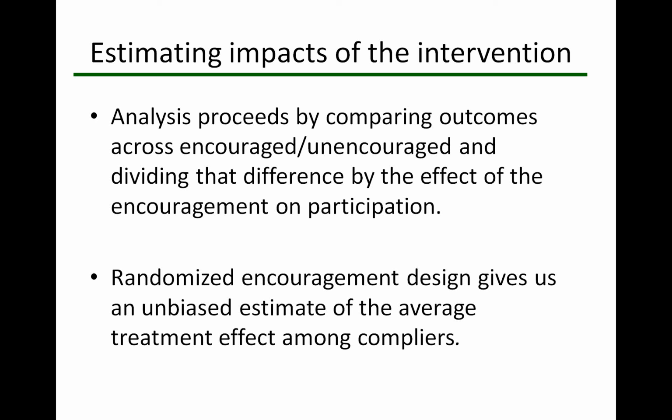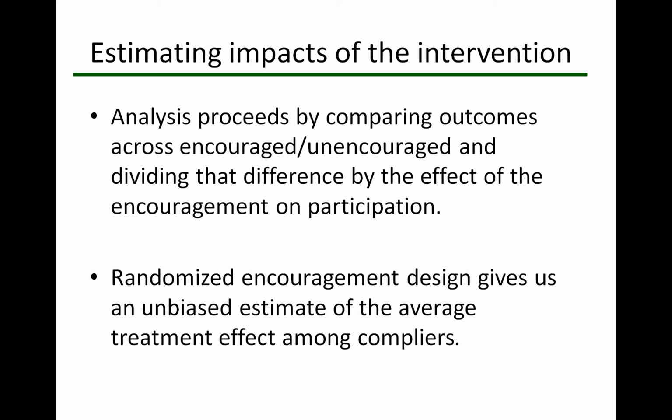With this approach, we can't with certainty get an unbiased estimate of the effect of this program on all participating households. We can confidently get an unbiased effect of this program on the households who we were able to encourage into the program with our encouragement intervention, but who otherwise wouldn't have been participating in the program. In our particular case, this is really a useful design because participation levels are quite low in the baseline unencouraged states.